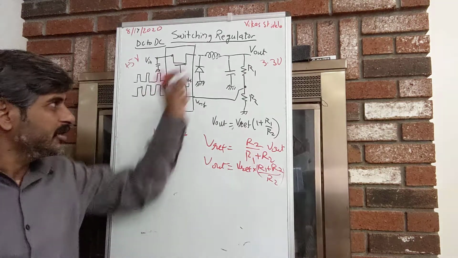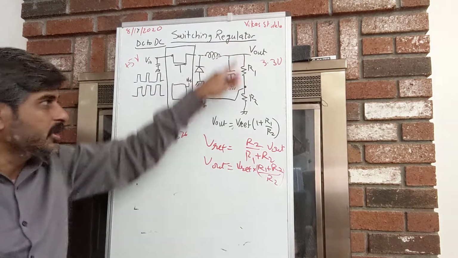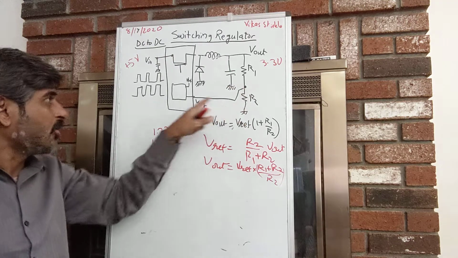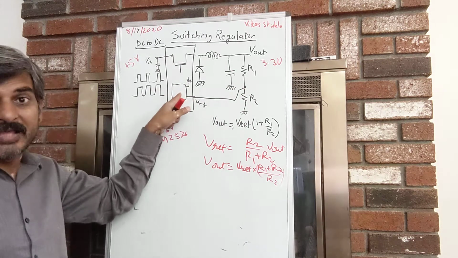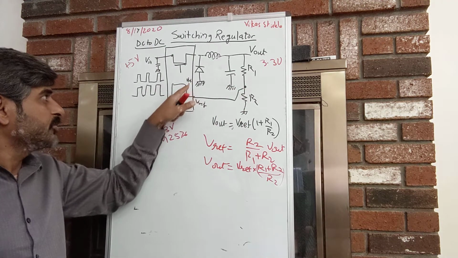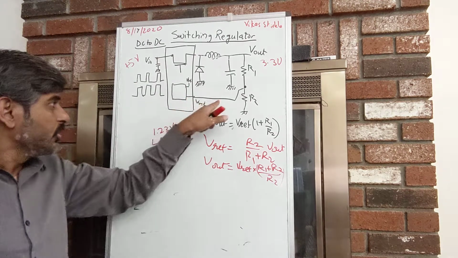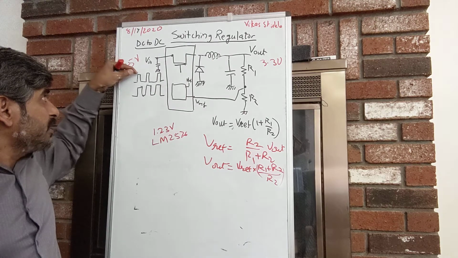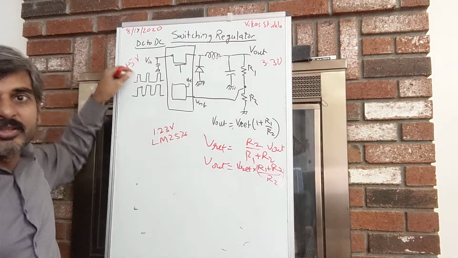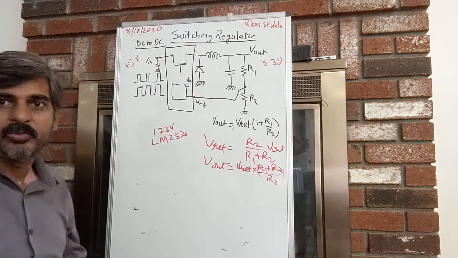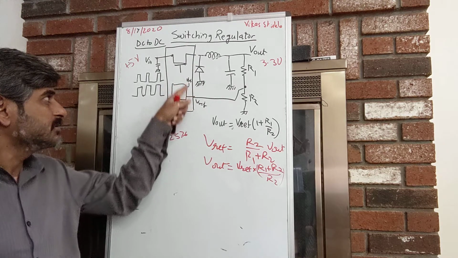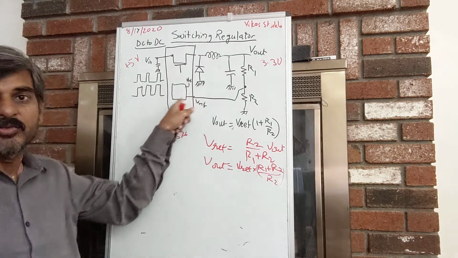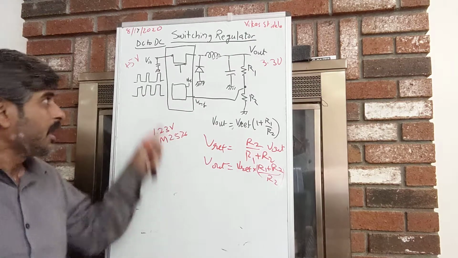When it drops, this comparator senses the difference between the feedback voltage and the internal reference voltage, and as a result it tries to increase the pulse width by a small amount, depending upon how big the gap is between the two.